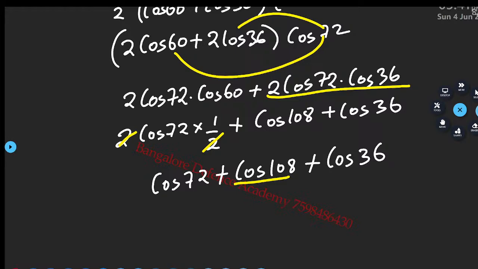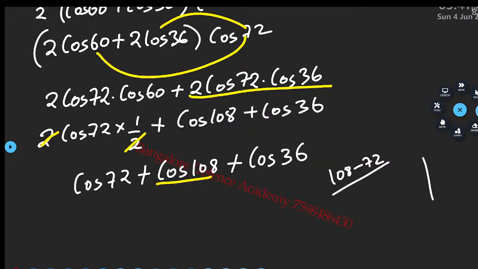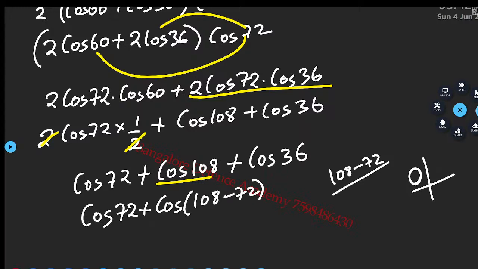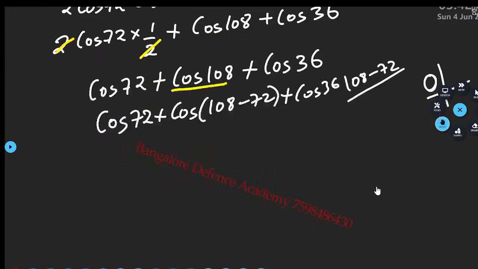Now this 108 can be written as 180 minus 72. So 108 lies in the second quadrant. Do you understand? So cos turns into negative. So this I can write it as cos 72 plus cos 108 plus cos 36. Okay.